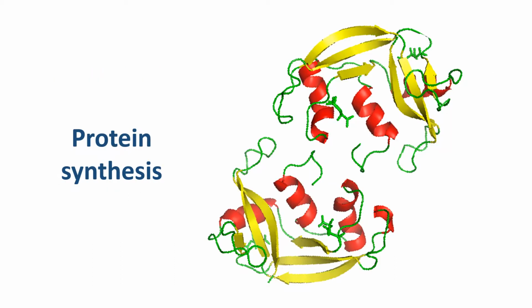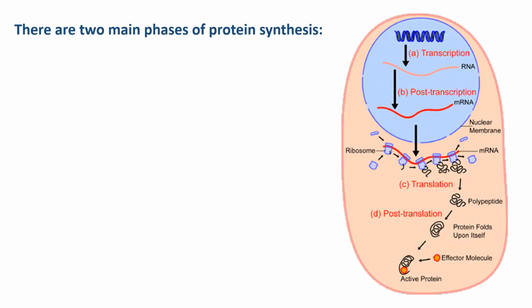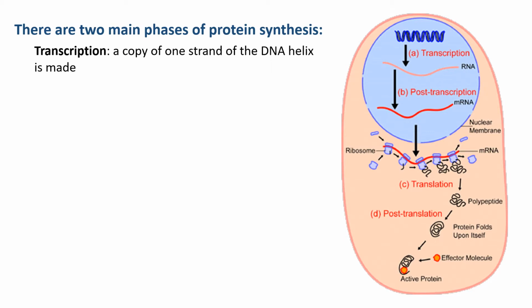So let's start with protein synthesis. In protein synthesis, there are 2 main phases occurring in different parts of the cell. In transcription, a copy is made of one of the strands of the DNA helix.